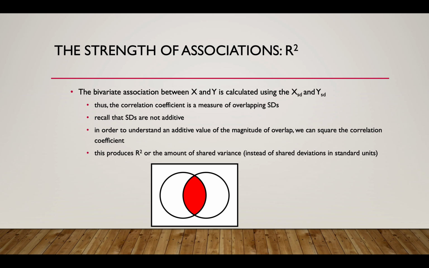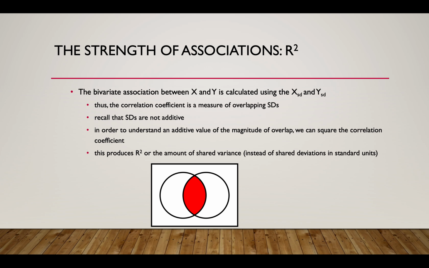And so if we're looking at standard units, let's say we have a correlation of 0.6, then what we're saying is an increase of 1 standard deviation in one variable should result in an increase of 0.6 standard deviations in the other variable.